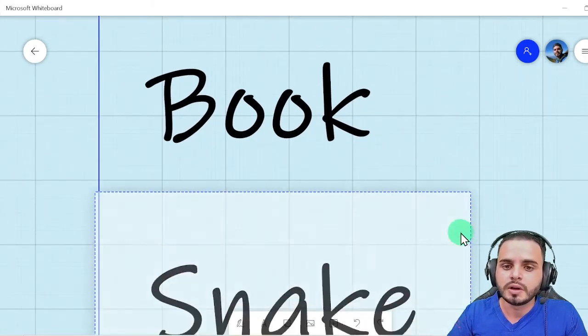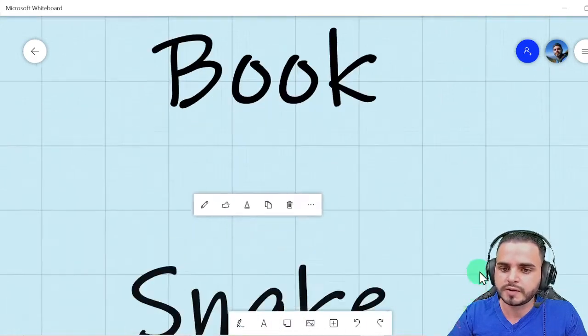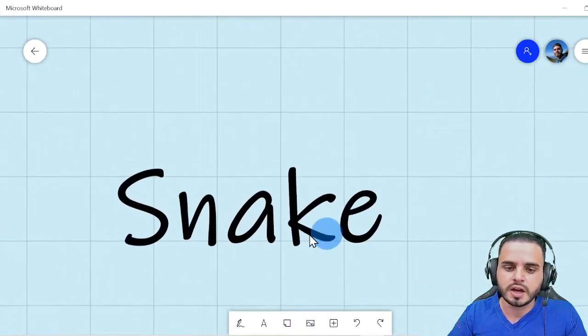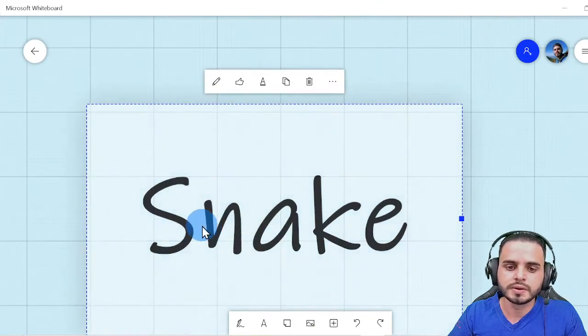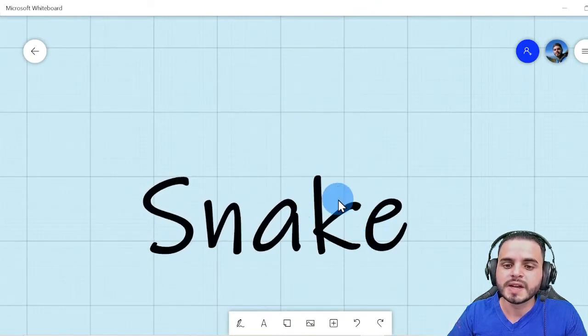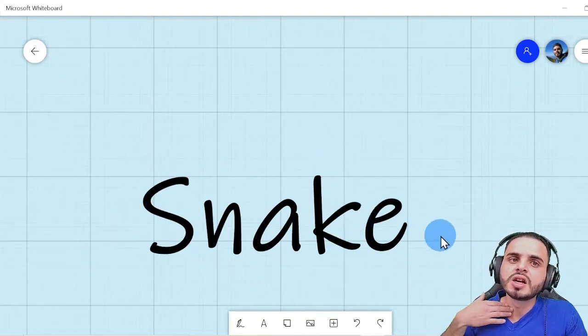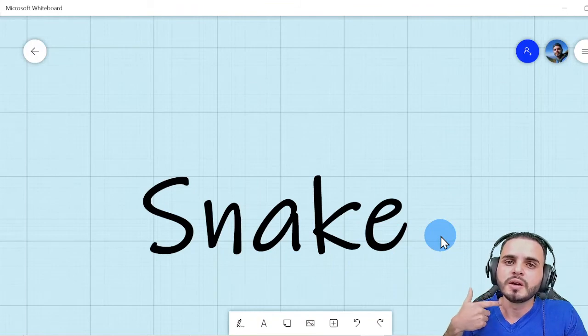Now let's see the third example. We have snake, snake. Even though this word ends with a vowel, the sound at the end is just k. So if we say the word snake, you notice that the last sound of that word is k.